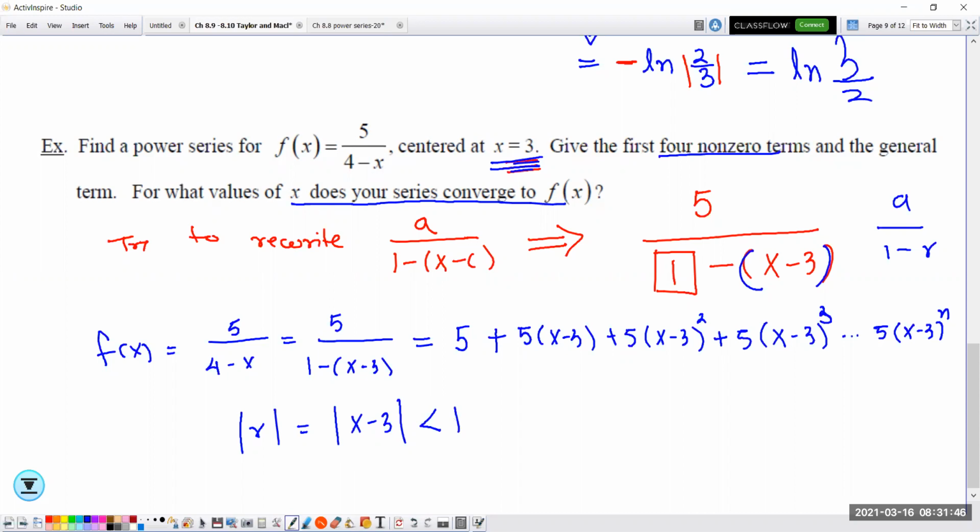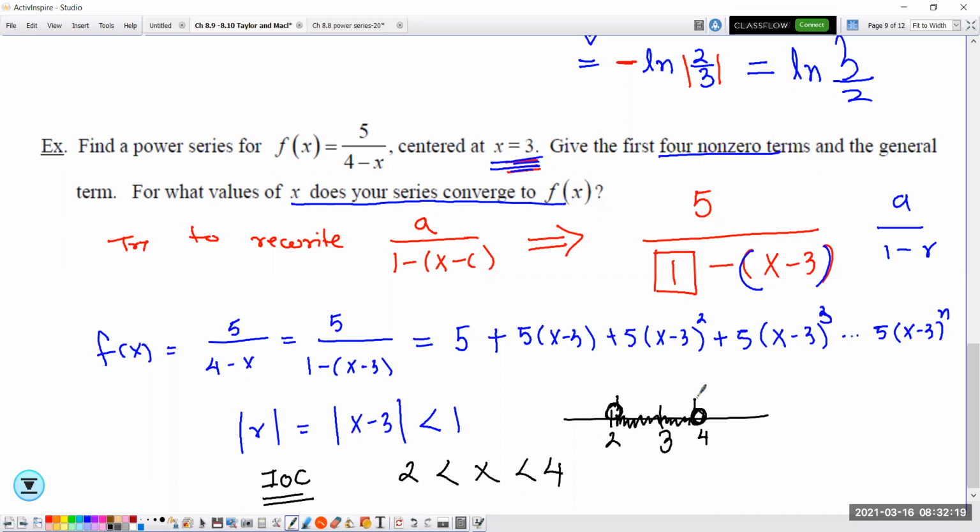So taking you back to algebra 1, center is 3, radius is 1. That means go 1 unit here, 1 unit here, which will be 2 and 4. So the IOC, interval of convergence, is purely between 2 and 4. It only converges inside, never at the endpoint.